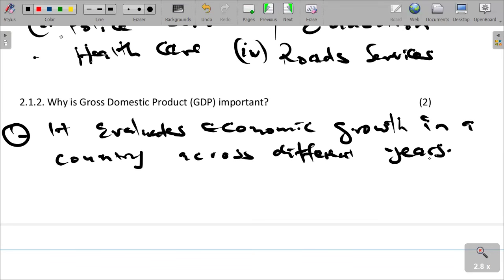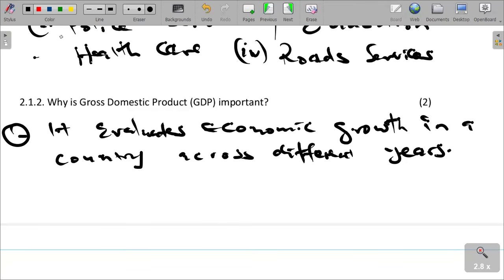In order to understand how the country is progressing, it can be measured through gross domestic product, total goods and services produced within the country over a period of a year.